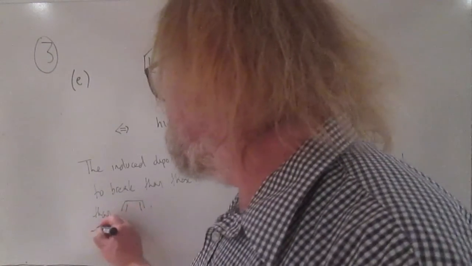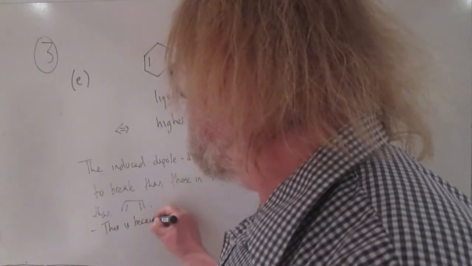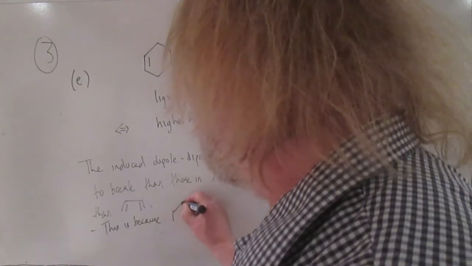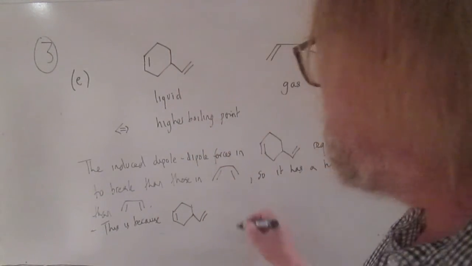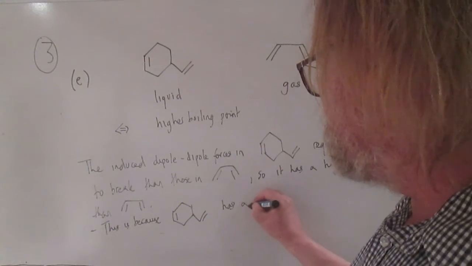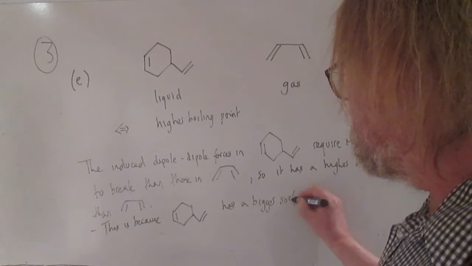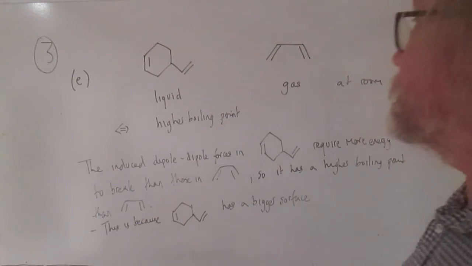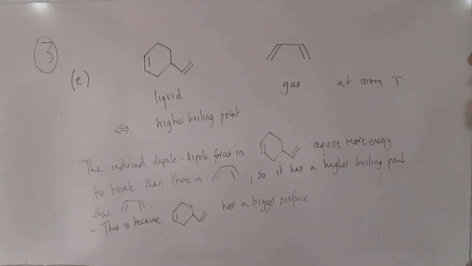So you say this is because this compound has a bigger surface area for contact. Remember that phrase. And you can see that just by looking at it. It's just a bigger molecule altogether. Obviously it's twice the size because we know it's an addition product.